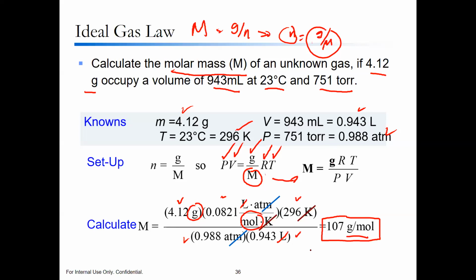Is this gas oxygen? We don't know what this gas is, but based on this information, is this gas oxygen gas? Yes or no? What do you guys think? Or could it be oxygen gas, this unknown gas?